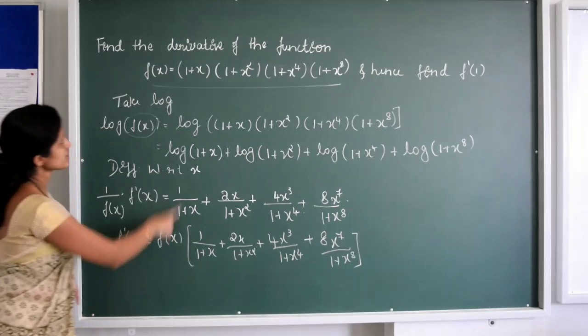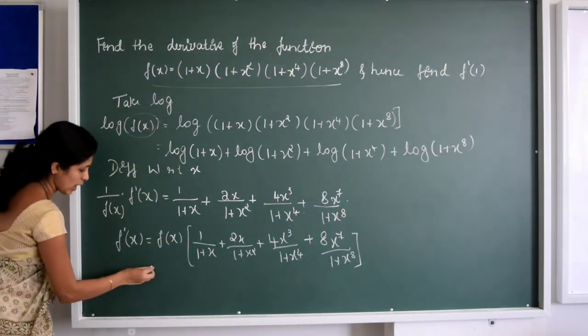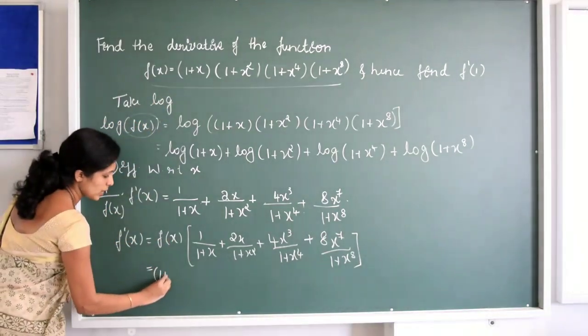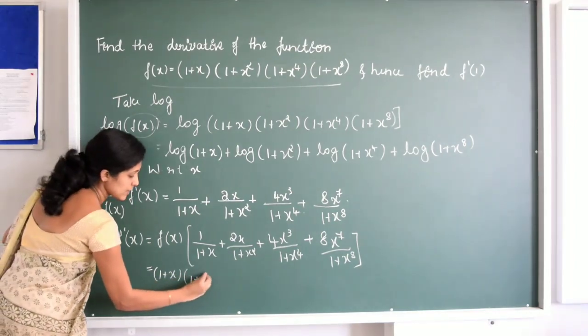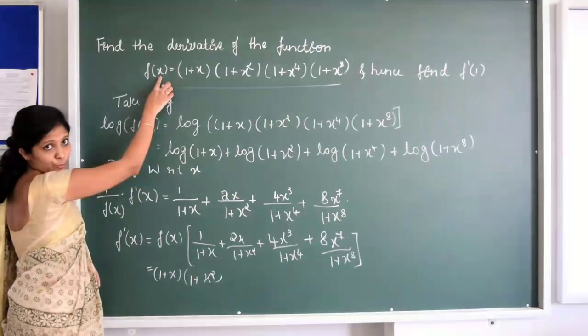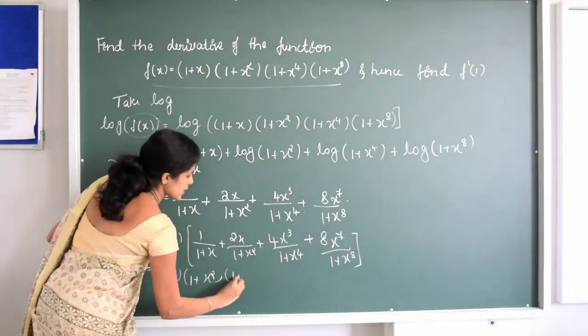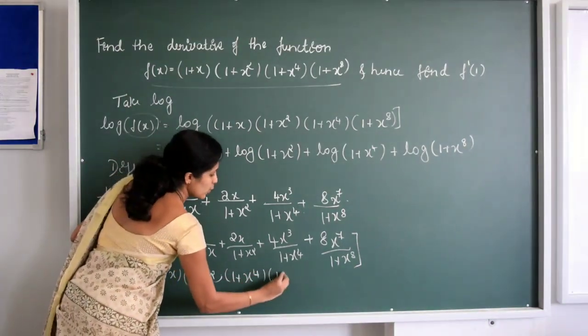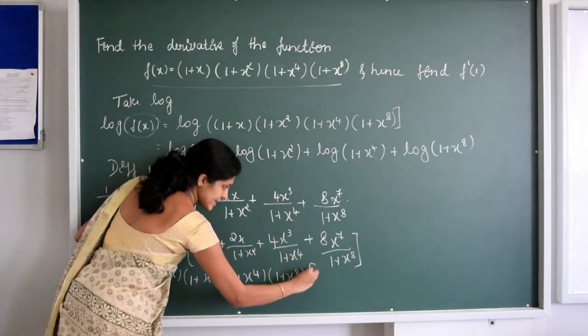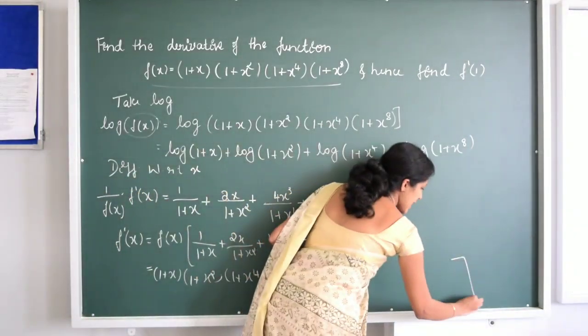Now what is f of x? F of x is given there, so you have to substitute that one. It will be 1 plus x into 1 plus x square into 1 plus x to the power 4 into 1 plus x to the power 8, and the remaining terms as it is.